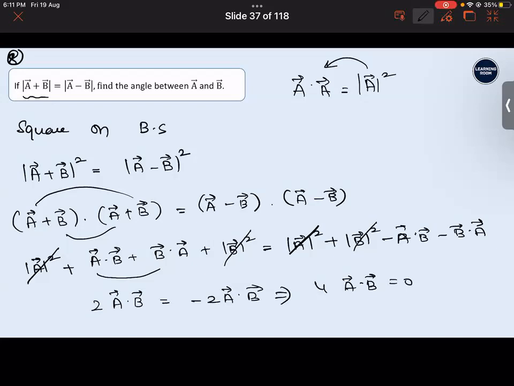Am I right? When this comes to the left hand side, 2 times A dot B plus 2 times A dot B, that is 4 times A dot B, is 0. Then what is A dot B? 0. So if two vectors have the dot product between them as 0, theta is equal to, that's the answer. So angle between both the vectors is 90 degrees. I hope it is clear.